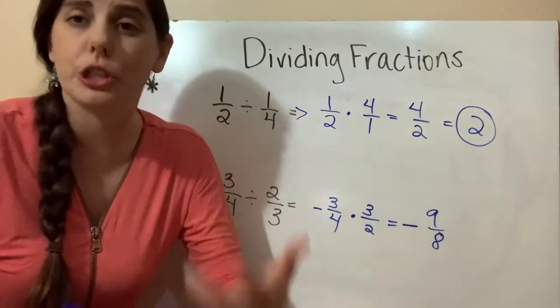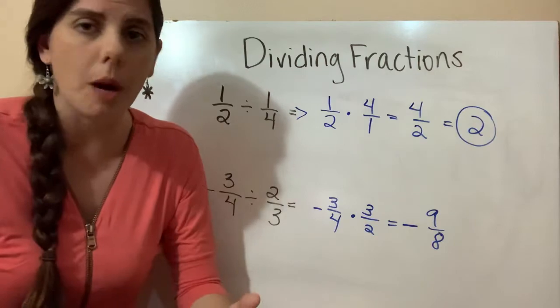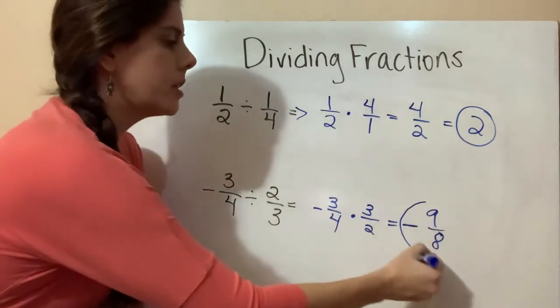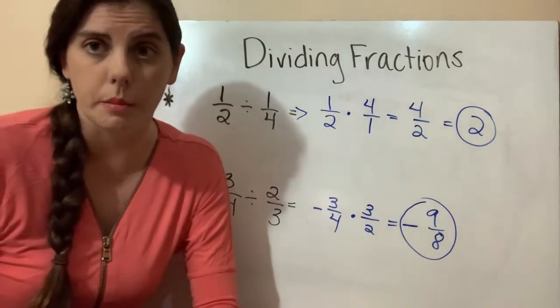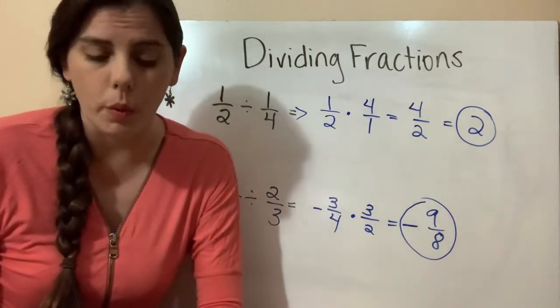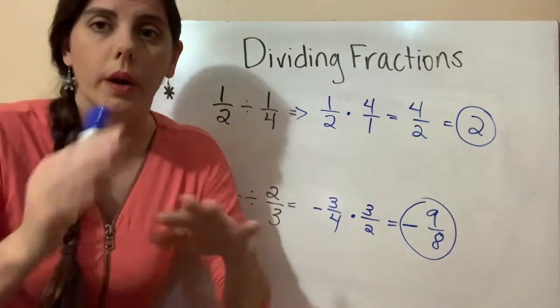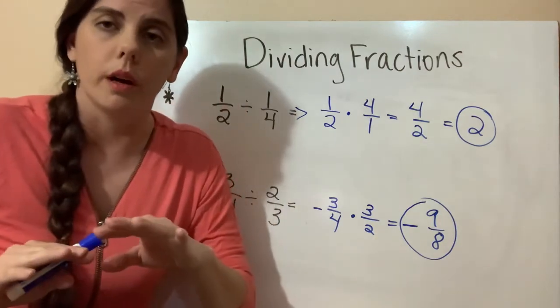So when we start Math 2, we're going to be dealing with lots of improper fractions. So this answer is A-okay for this class. You don't need to turn it into a mixed number. I know a lot of us were taught that way when we were in grade school. We want to kind of get away from that when we're in algebra.